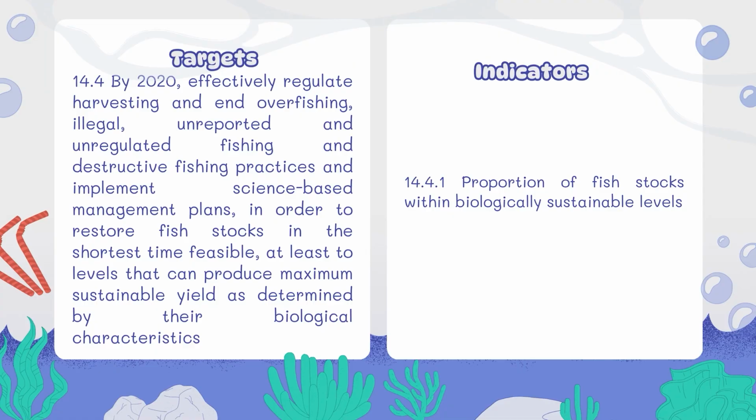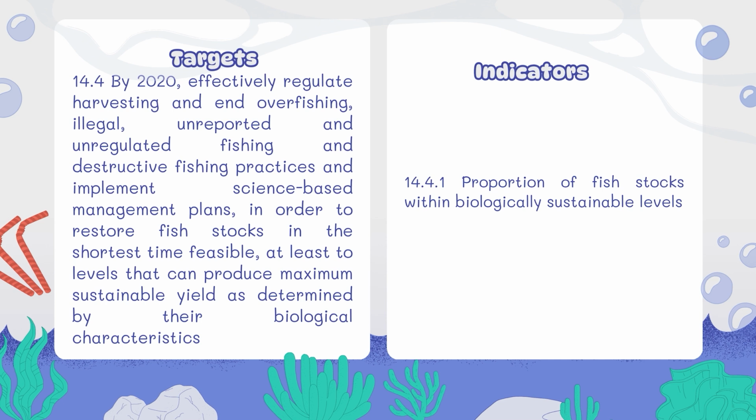Okay. Target number 4 of this goal is effective regulation of harvesting. We need to end overfishing, illegal fishing, unreported fishing, unregulated fishing, and also fishing practices which are destructive to that environment, that particular ecology, and for that we need to implement science-based management plans.